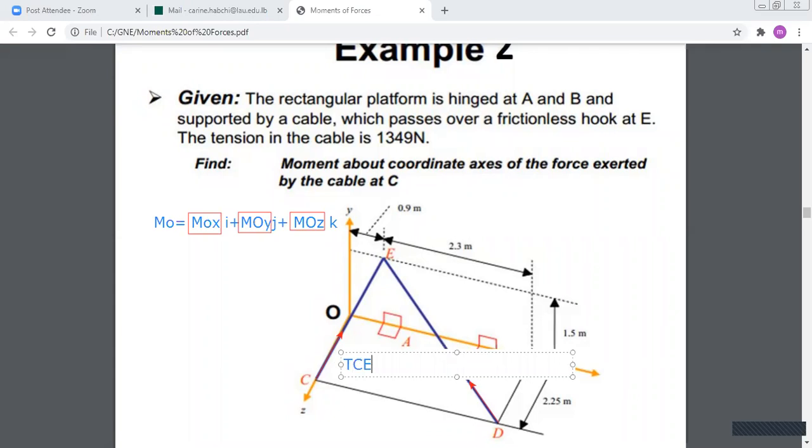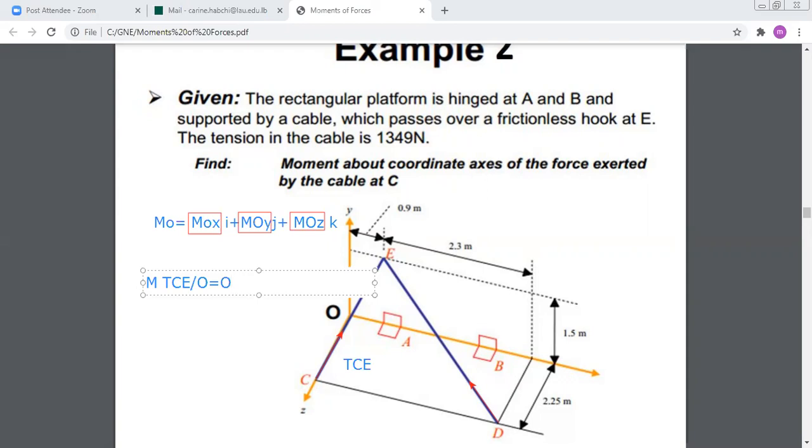Okay? So we can say that the moment of TCE about O can be written in two ways. I have two options for R. Either I take OC, or I take OE, because we said that the position vector is directed from the point about which I want to do the moment towards any point on the line of action of the force.